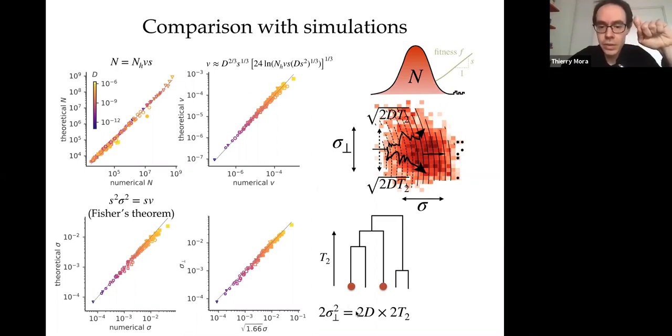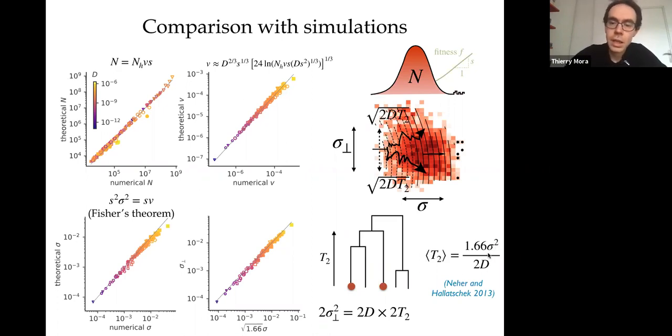The answer is just given by diffusion, because in that direction things are completely neutral, so all we have to do is multiply the diffusion coefficient by twice T2, the time to the common ancestor. And T2 is given by the fitness theory as scaling like sigma squared over d, with this coefficient, which was measured numerically in this work. Plugging it back in, you get this nice linear relation.